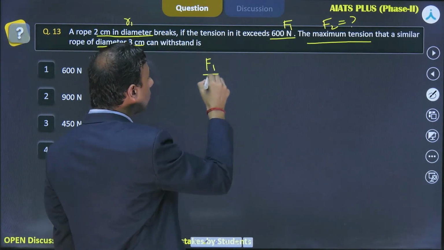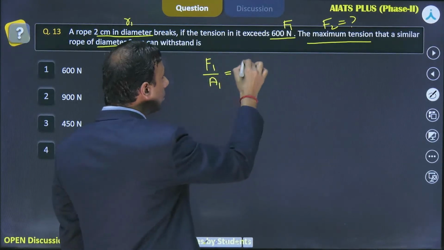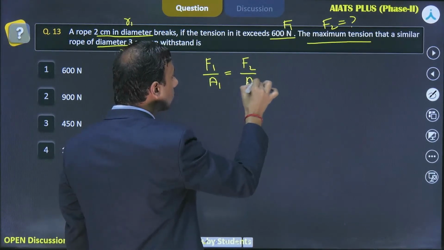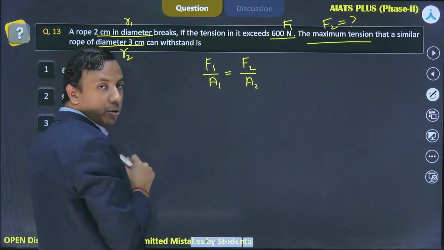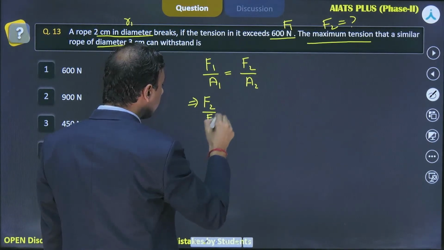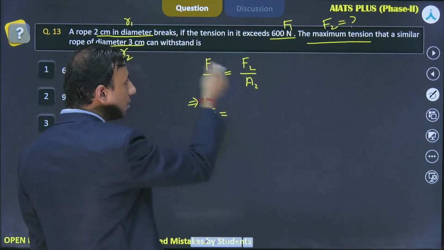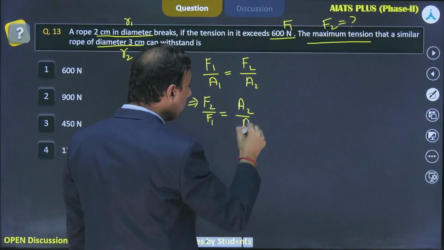Breaking stress of first wire is equal to breaking stress of second wire. F2 we have to find out. So I will just take directly from here F2 by F1, bring F1 over here, A2 will go that side. So it is nothing but A2 by A1.